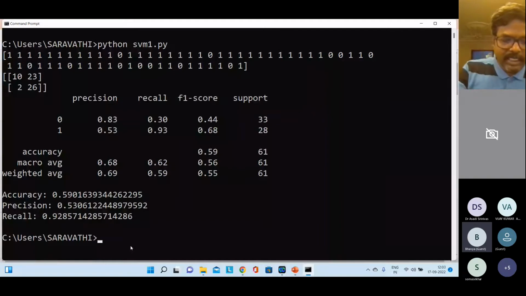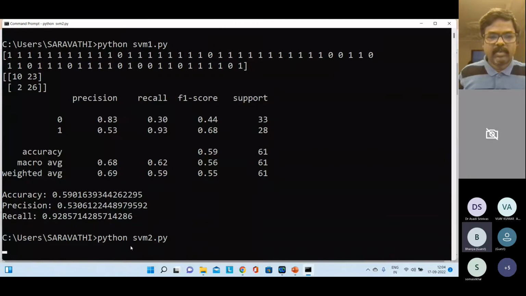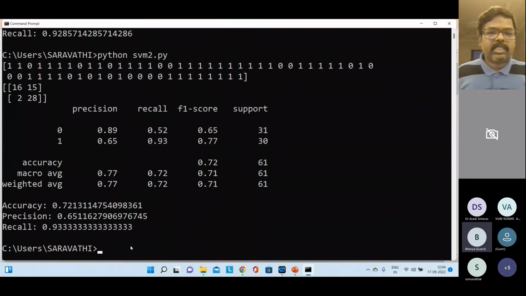And one more application in this Python. See, the same we have executed. I am going to show you this practical about decision tree, support vector machine and convolutional neural networks.